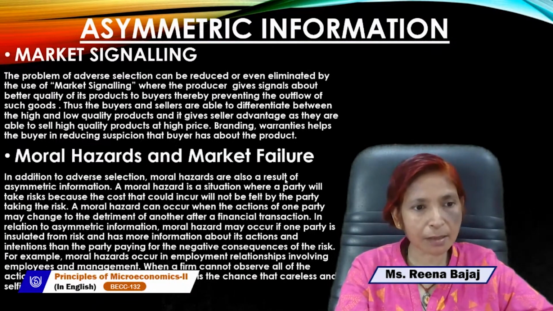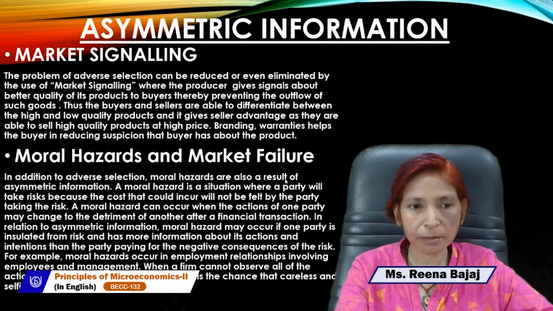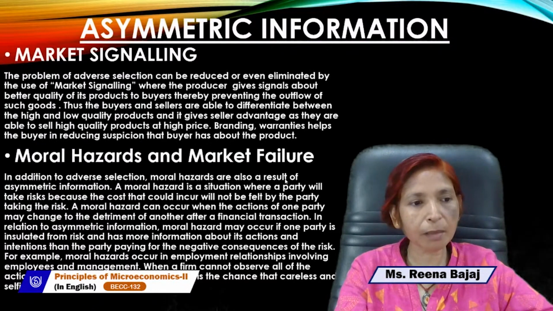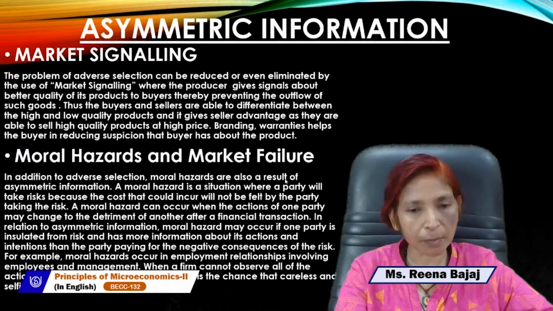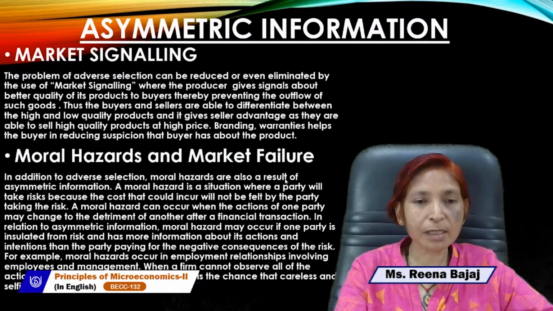Next is moral hazard. Moral hazard is also a result of asymmetric information. A moral hazard is a situation where a party will take risk because the cost that could be incurred will not be felt by the party taking the risk. Moral hazard always exists in the case of insurance companies. As you know, if a person takes a life insurance policy, the person knows what type of disease is in his body.